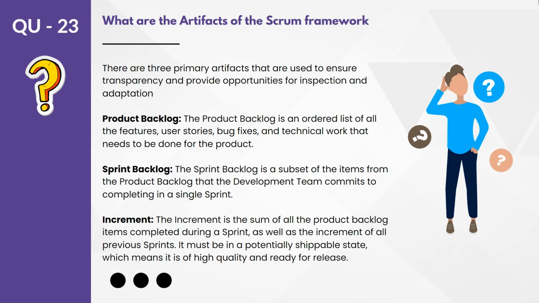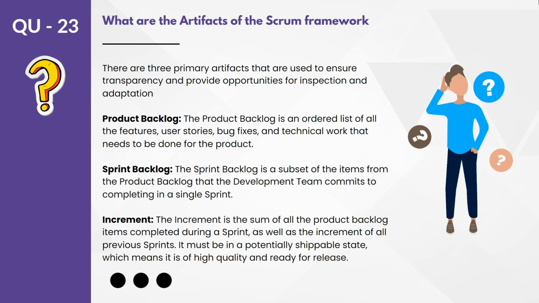Question number 23: what are the artifacts of the Scrum framework? Primarily there are three artifacts. Product backlog, which we discussed, is the list of all the user stories, tasks and subtasks which will be developed throughout to deliver the software.